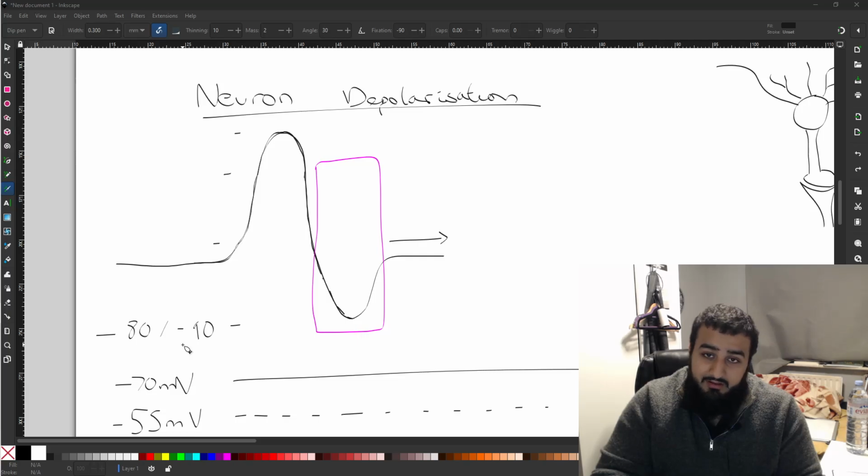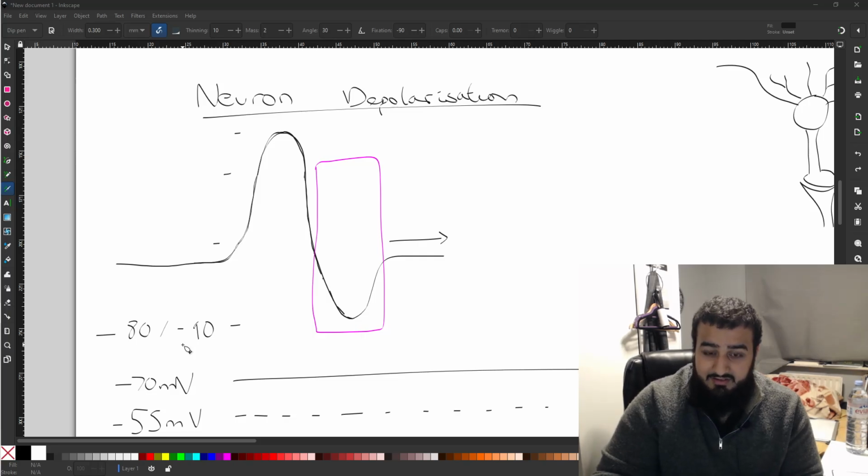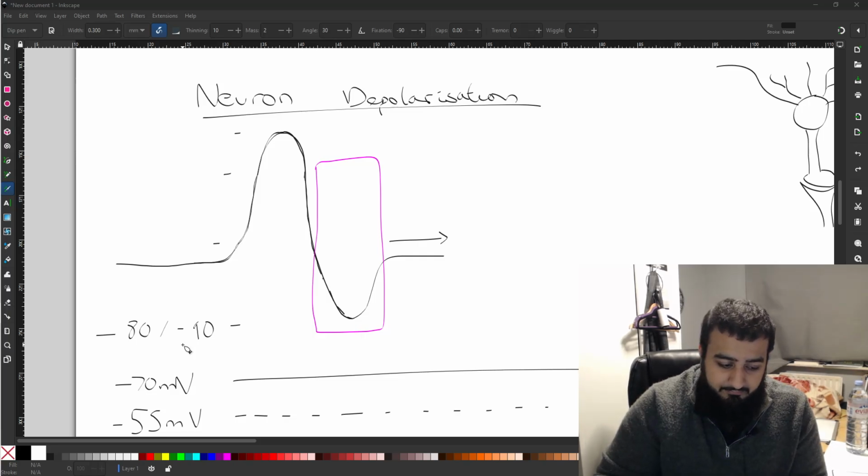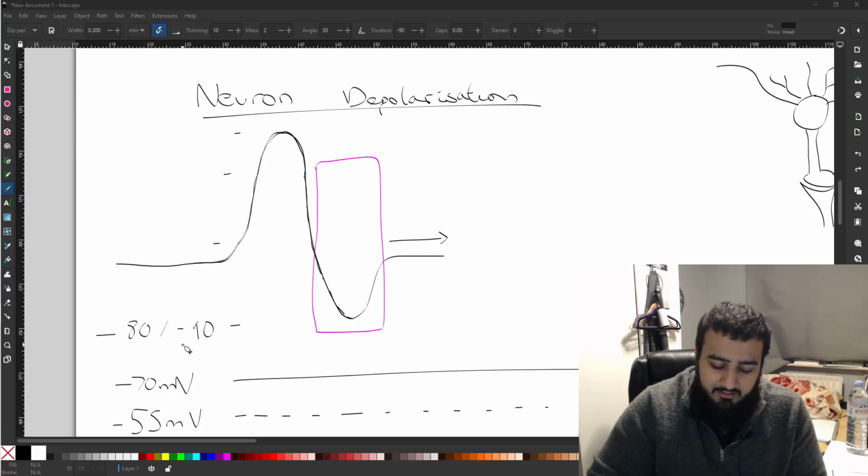For further reading, myelination, highly suggest. From there you can learn about the difference between an action potential, which we just discussed, and a graded potential.